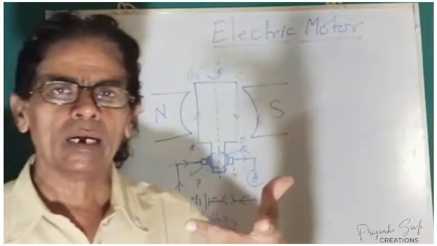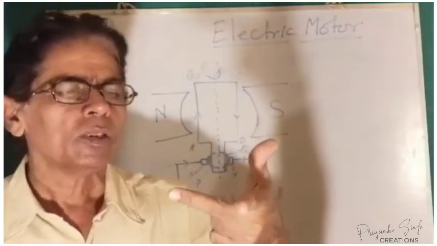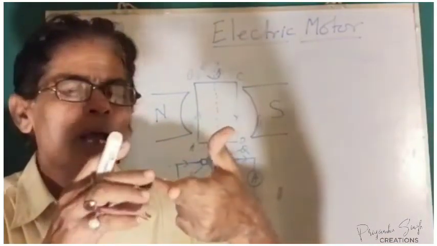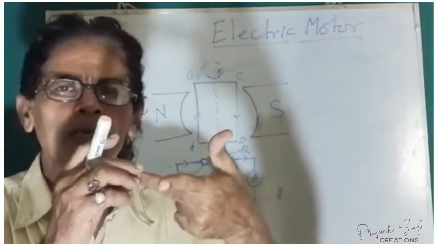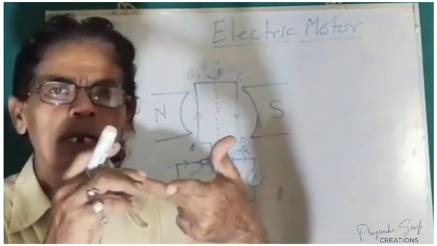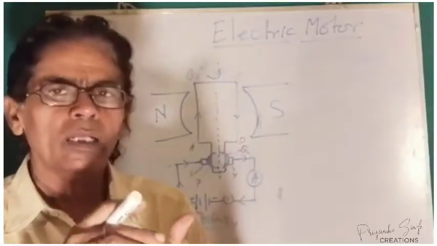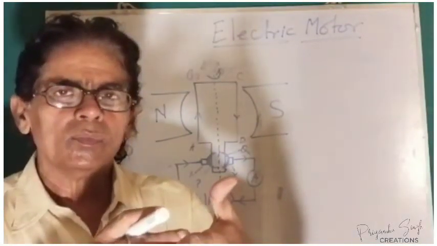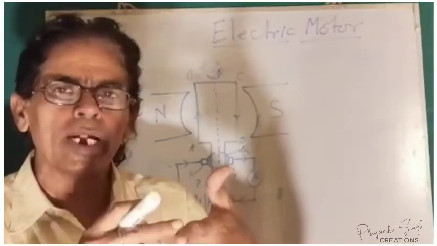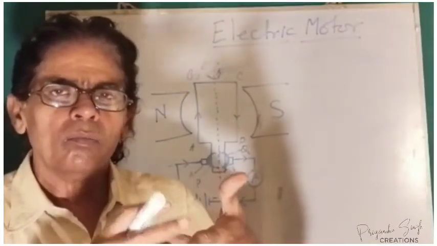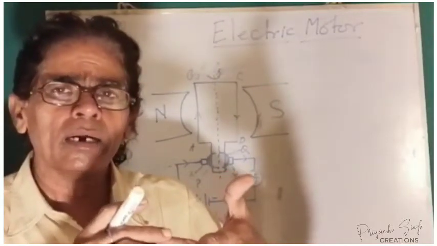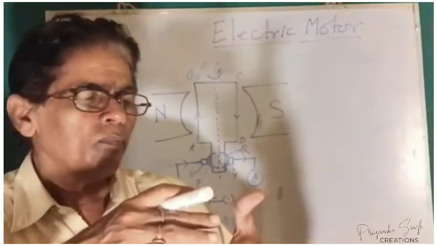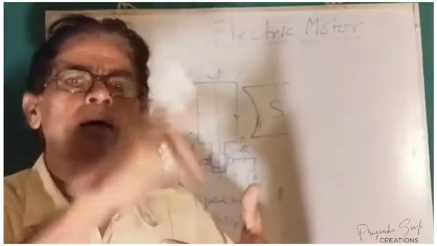We have explained earlier that if the forefinger indicates the direction of magnetic field and the middle finger indicates the direction of current through the conductor, here the rectangular coil, then the force applied on this current carrying conductor due to the interaction of magnetic field will move the conductor in the direction perpendicular to these two fields, that is along the direction of the thumb.